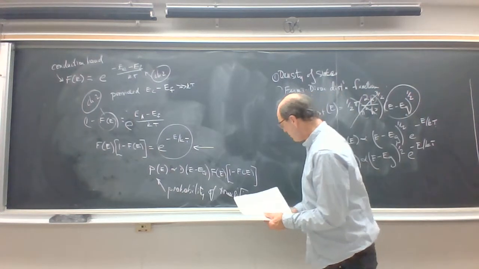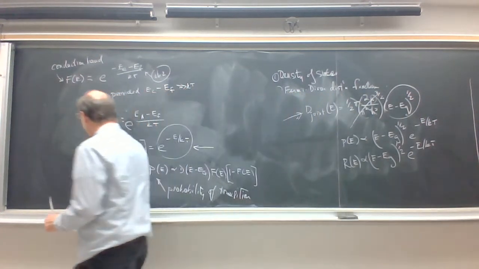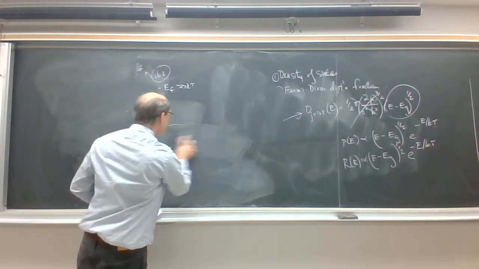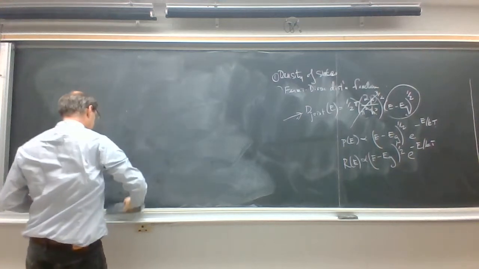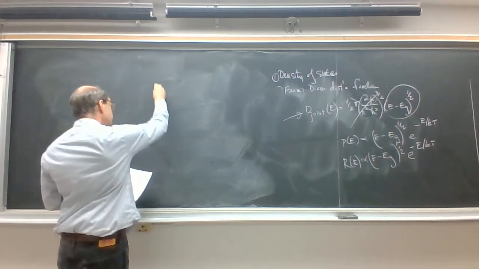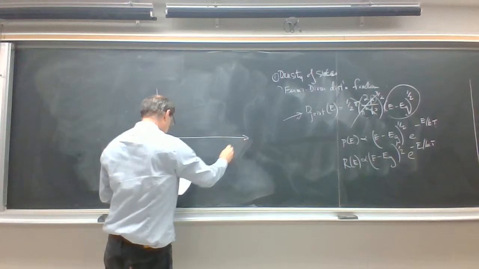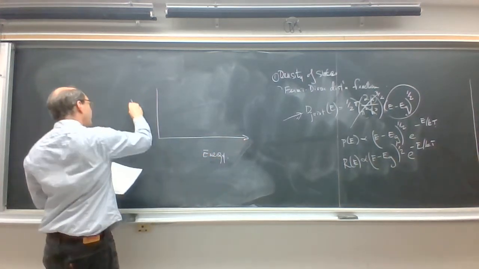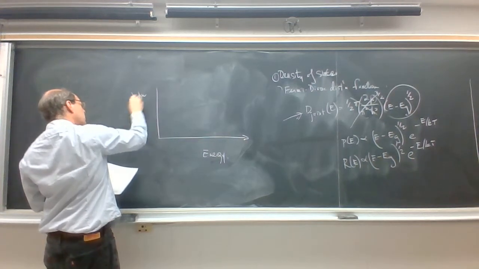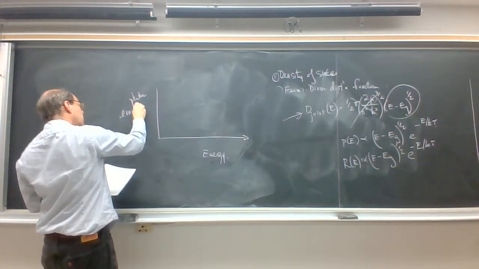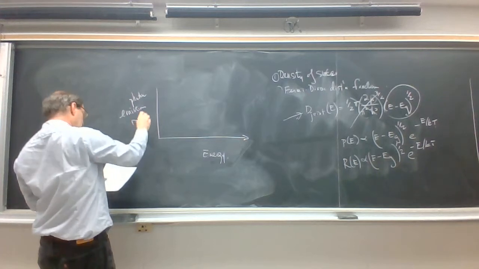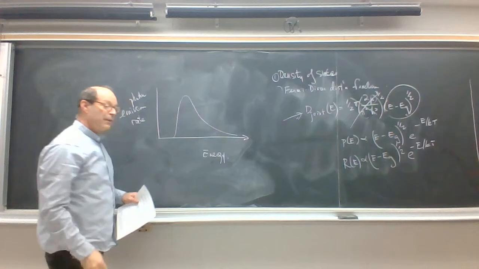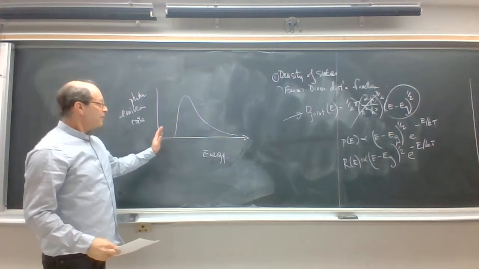So you can plot that photon emission rate, and that plot looks something like this.